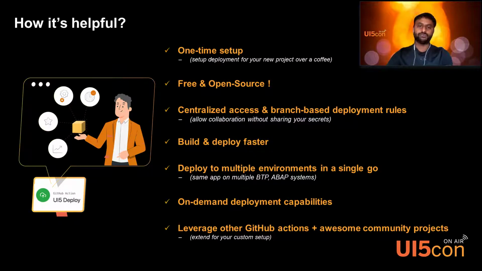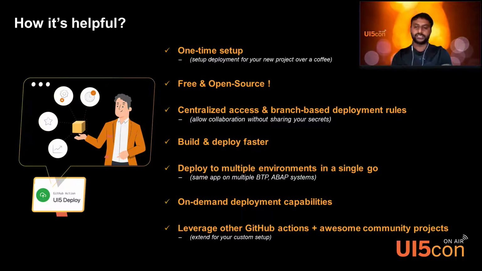Also, if there is a requirement to deploy a branch in specific scenarios, for example, we have a branch which we want to deploy but we don't want to merge it to the master branch, it might be for some demo scenario, then we can just set up the workflow to use that branch to deploy, and it will be ready in a few seconds.